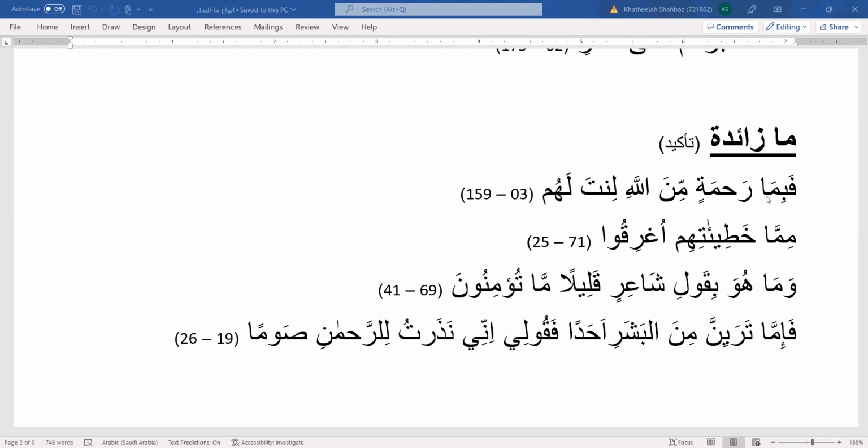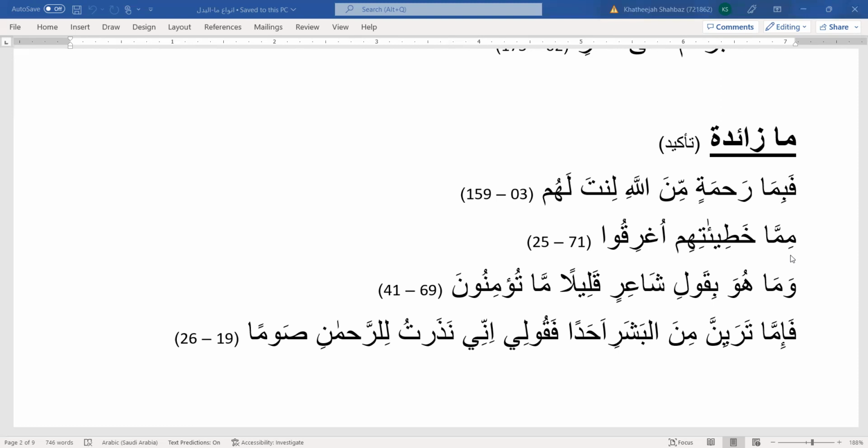So you see, ma has come between the jar and majroor, but it did not prevent the action. Still rahmatin is majroor. Okay, so this ma is ma zaida. It is used here to magnify the rahmah, to highlight the rahmah. Okay, so only because of great mercy from Allah, you were lenient to them.